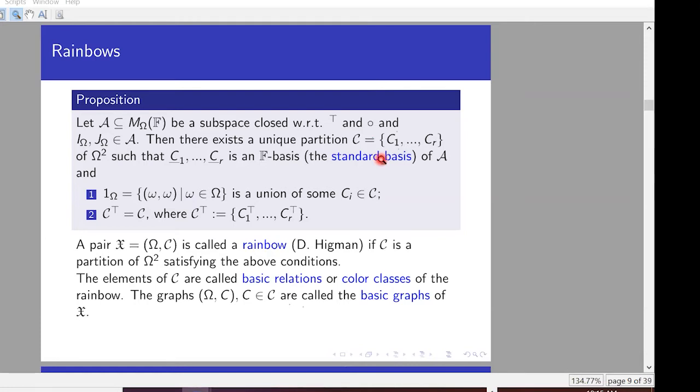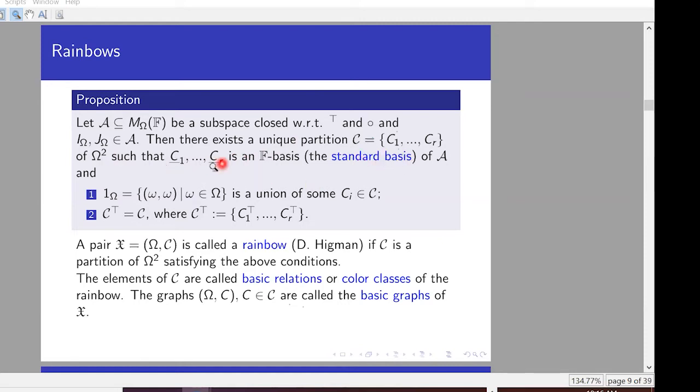So, we have a subspace of square matrices, and it is closed with respect to transposition and Schur-Hadamard product and contains both units. Then there is a combinatorial structure. There is a partition of omega squared such that the adjacency matrices form a basis of our space A. It's called the standard basis.